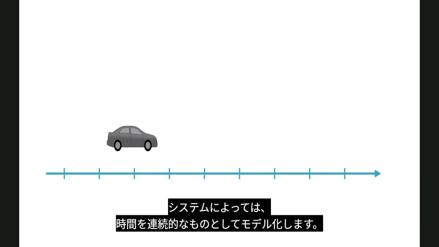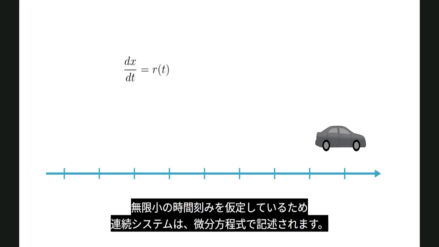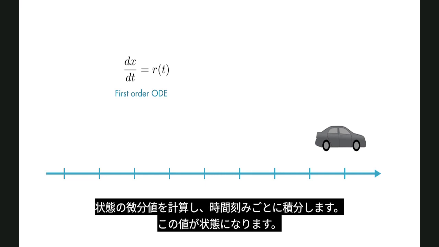In some systems, we model time as continuous. In other words, for the case that the time between samples approaches zero. Since we assume infinitesimally small time steps, continuous dynamic systems are described by differential equations. Computationally, we keep track of the derivative of our state instead of the state itself and integrate at each time step.